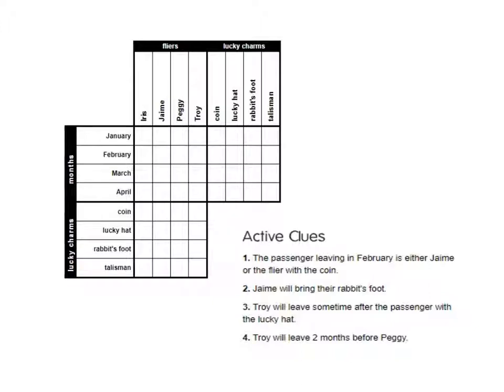All right. So I'm going to start off and go through each one with us, and we're going to X out things that aren't going to happen and then see if we can figure out what truly does. The passenger leaving in February is either Jamie or the flyer with the coin. Okay, that gives us a couple pieces of information actually.